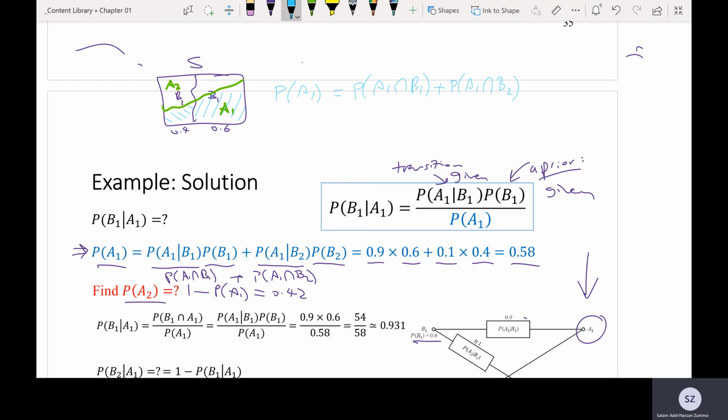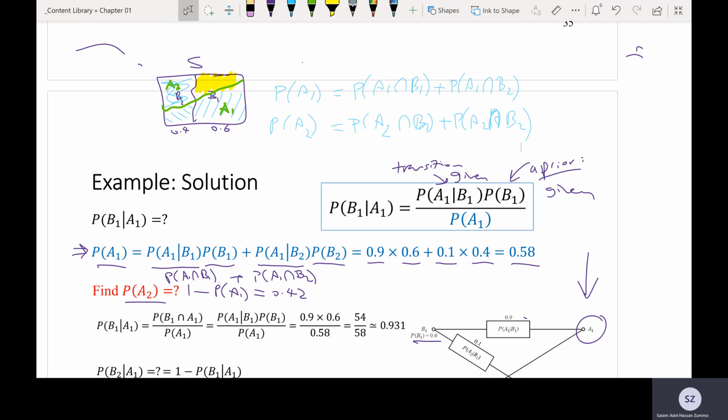Similarly for A2, you can find it as the probability of A2 intersect B1 plus the probability of A2 intersect B2.